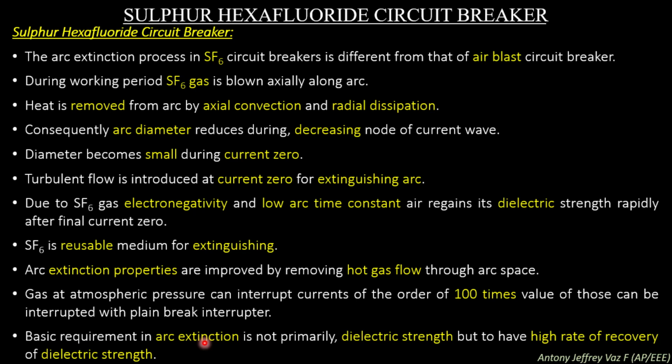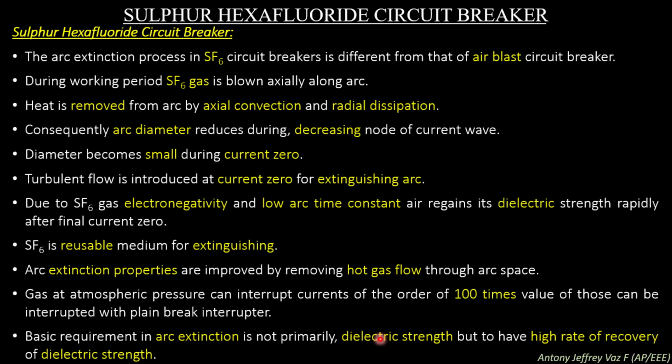The basic requirement in arc extinction is not primarily dielectric strength but a high rate of recovery of dielectric strength. The important property is that the gas should have a very high dielectric strength, but more than that, the rate of rise of recovery of dielectric strength is the main thing.